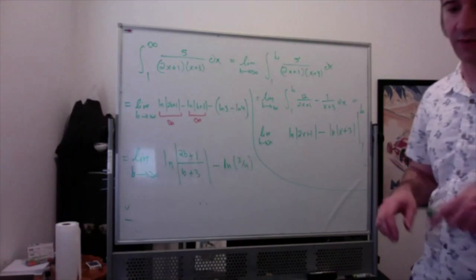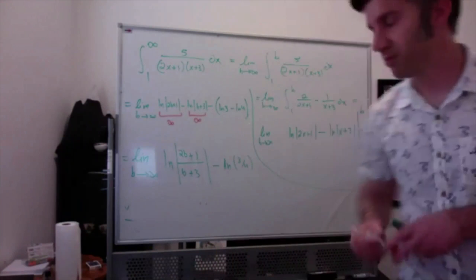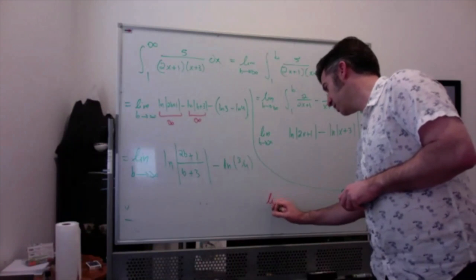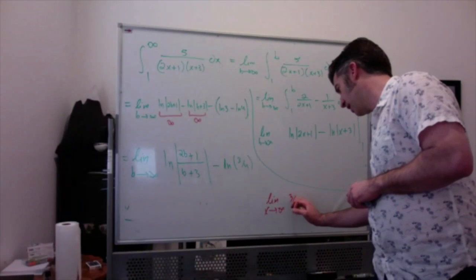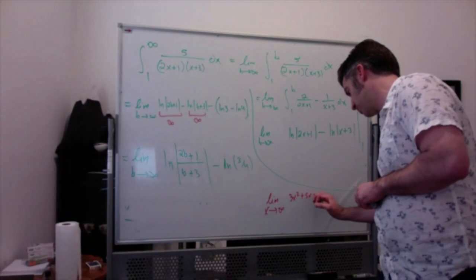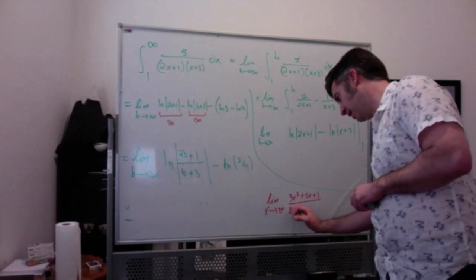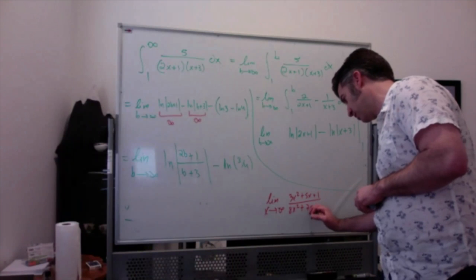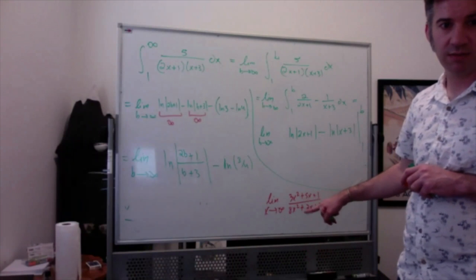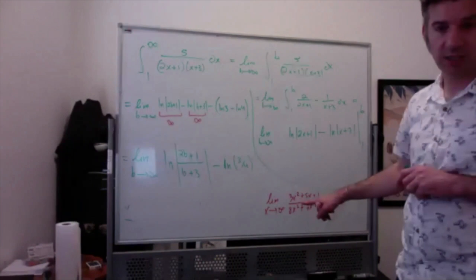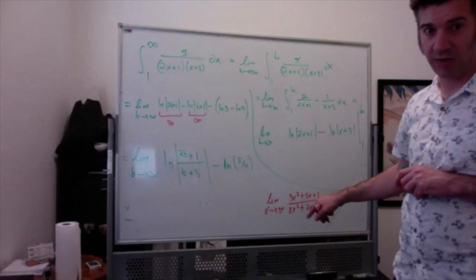So let me ask you a different question real quick. What's the limit as x goes to infinity of 3x squared plus 5x plus 1 over 8x squared plus 7x plus 2? Can anybody tell me that limit? I know you guys can.